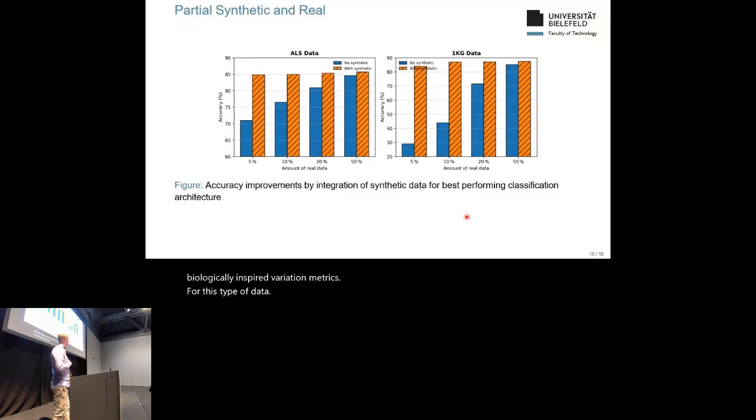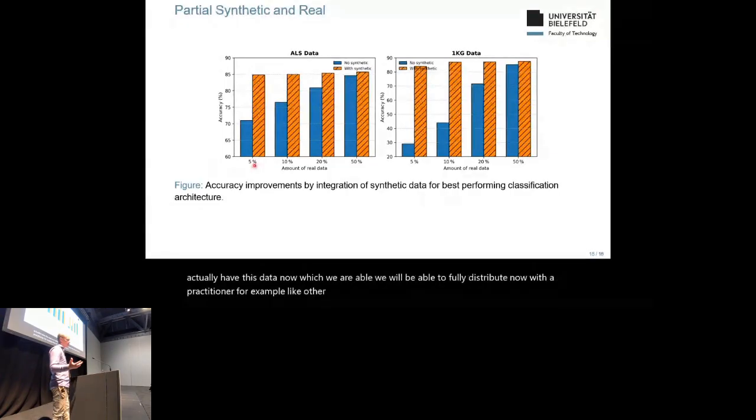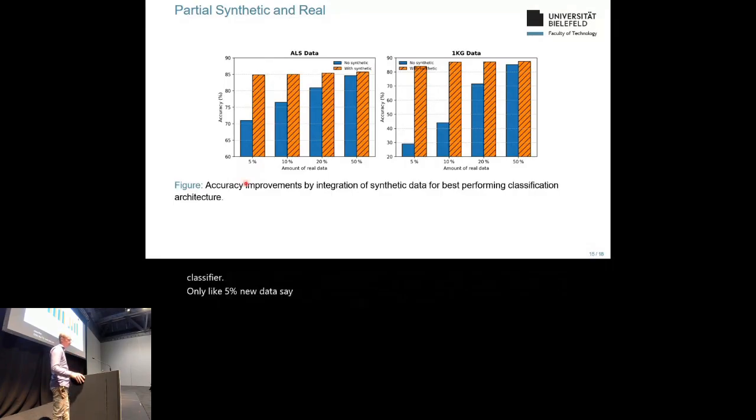But now I want to go into a last motivation for this and also a result for our data. We have this synthetic data now, which we will be able to freely distribute. Now if a practitioner has, for example, another small amount of ALS data, and they are not able to access one of these large resources, which I think is very commonly the case, they can train their own classifier with only 5% real data, which they maybe collected in some cohort study, like only 50 or 100 samples.